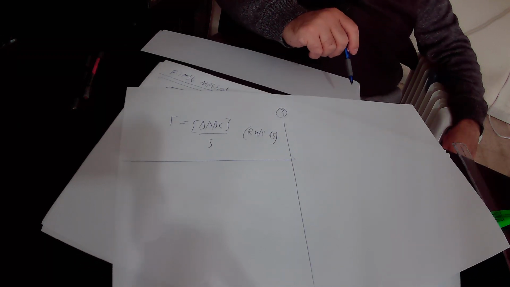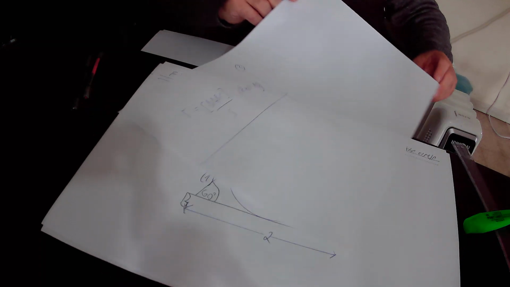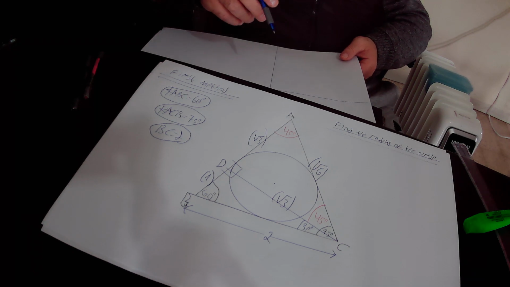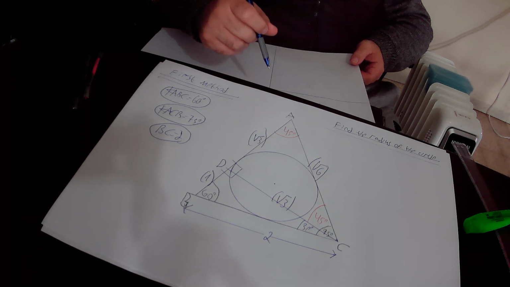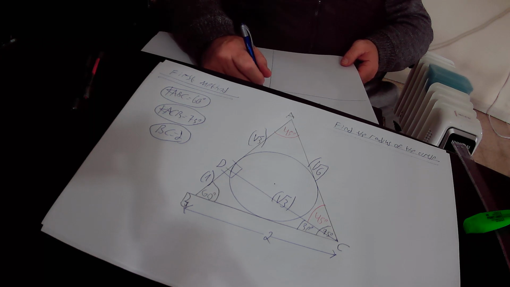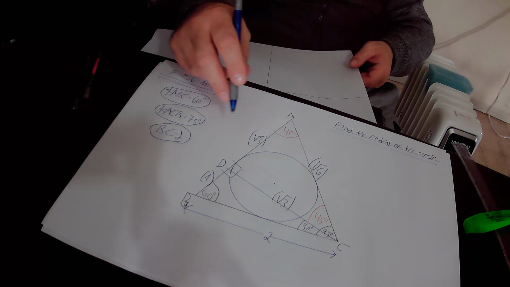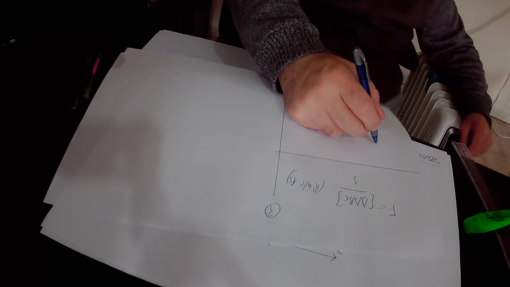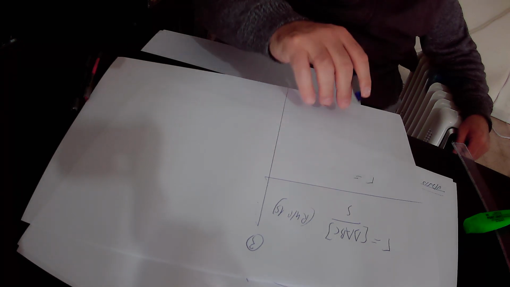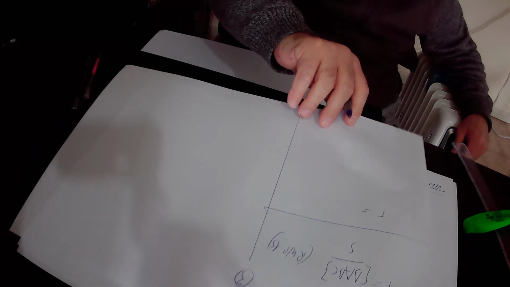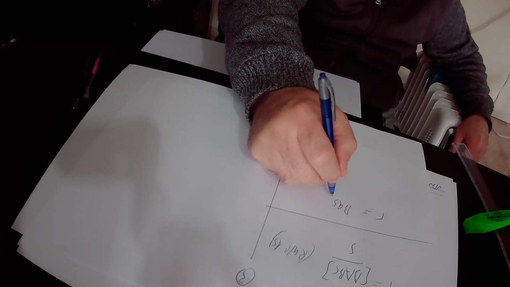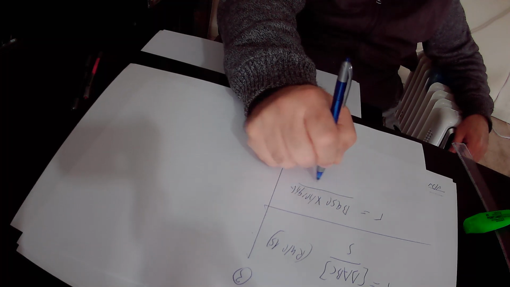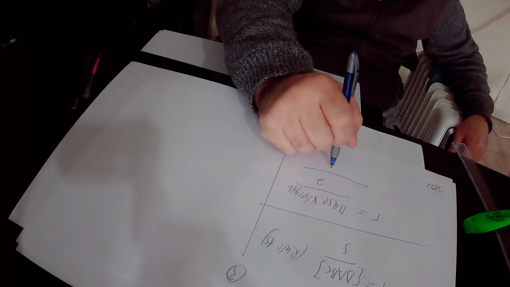The area of triangle ABC equals the base of the triangle times the height to the base over 2, divided by the semi-perimeter S.